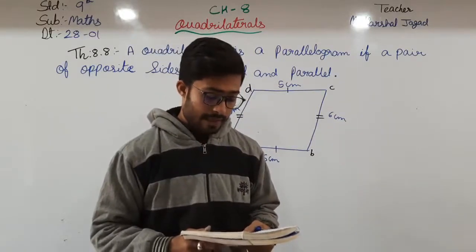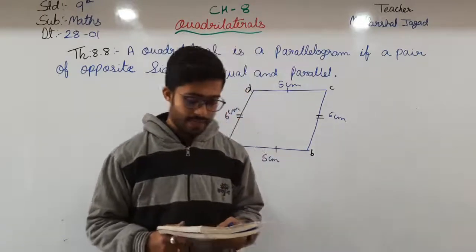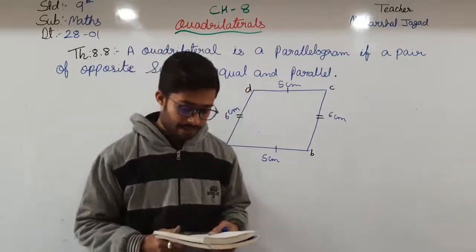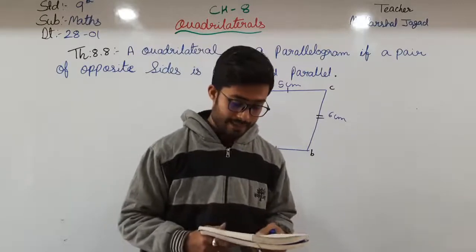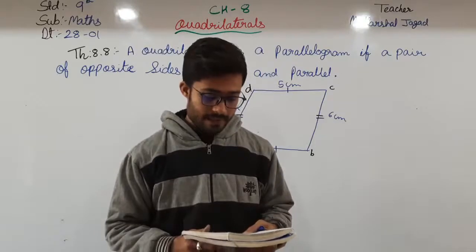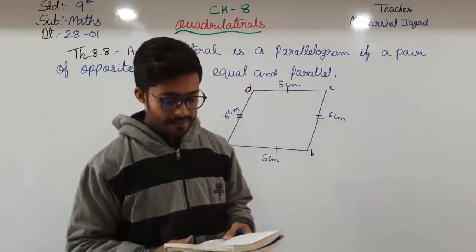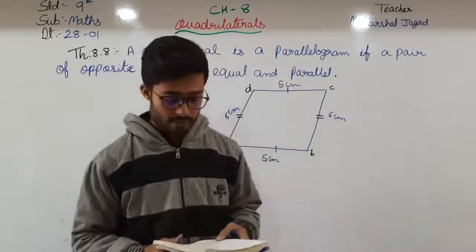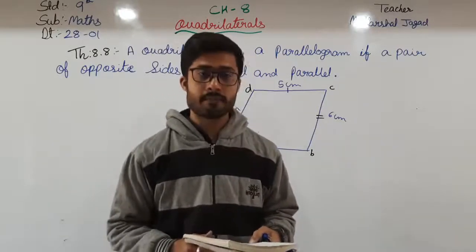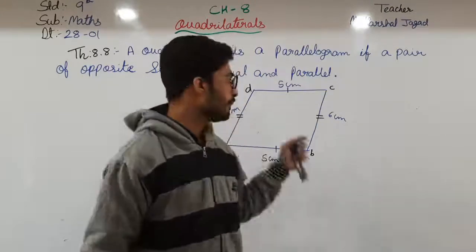Look at figure 8.17, in which AB is equal to CD and AB is parallel to CD. Let us draw a diagonal AC. You can show that triangle ABC is congruent to triangle CDA by the SAS congruence rule. So BC is parallel to AD.